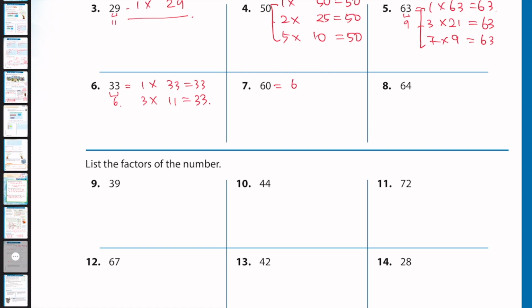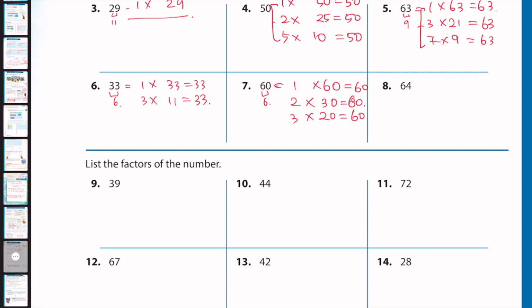Okay, here 1 times 60. Again, 1 times 60 is what? 60. What about 2? Yes, 2 can fit into 6 by 3 and 0. Right? And what about 3? Yes, because when you add the digits together, it's going to be 6, which is divisible by 3. And 20 is what? 60.